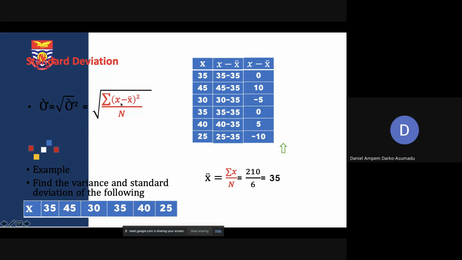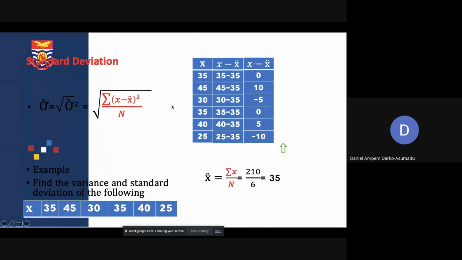Now the formula is saying that after you have subtracted the mean from X, you get these values.